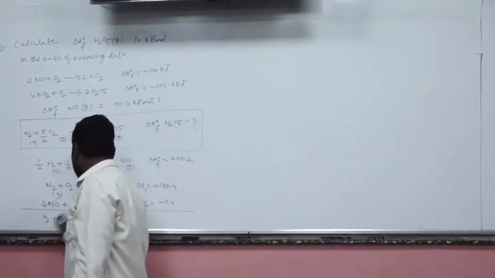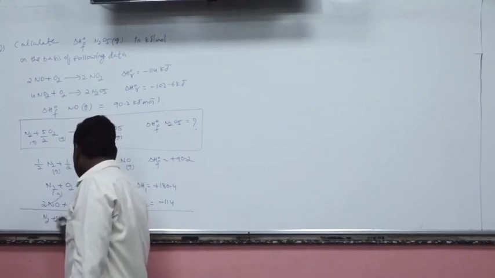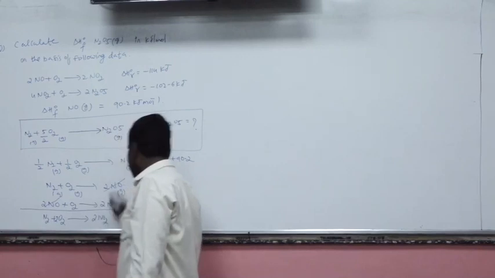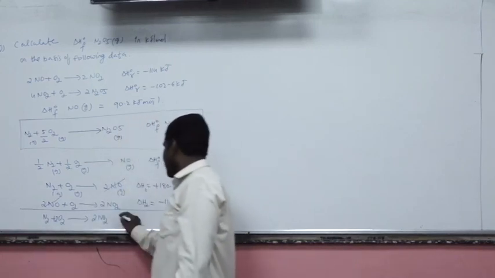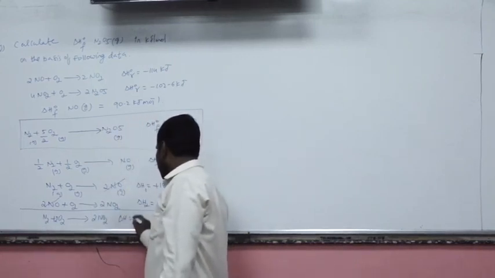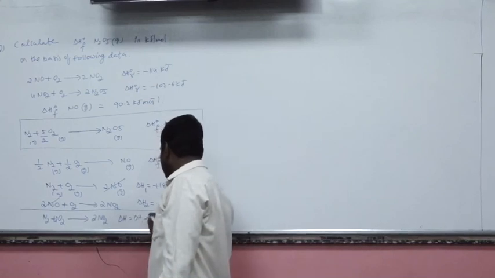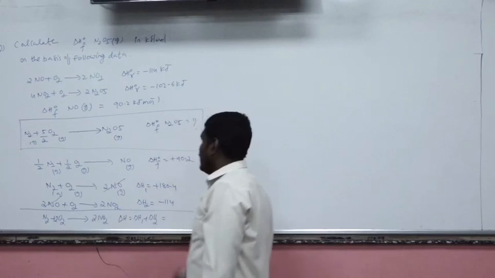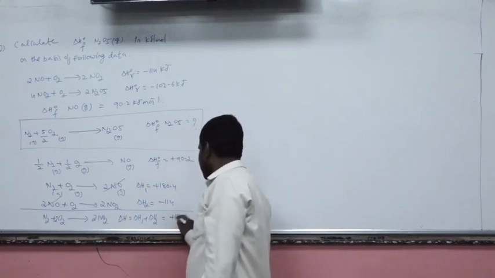N2 plus O2 plus O2, 2O2, to give 2NO2, isn't it? Now what is the delta H? Algebraic sum of delta H1 plus delta H2, isn't it? Now here plus 66.4 kilojoule.